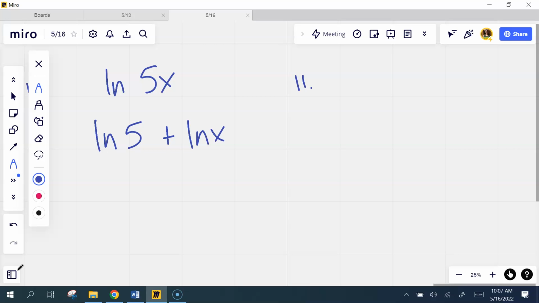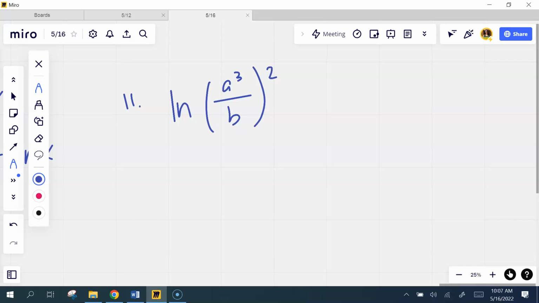It's just natural log. All right, so now I have this fraction with this exponent on the outside, and I can do this a couple of ways as I expand, but I want to make sure as I expand there are no exponents still there. So what do I do first? Or what's one thing you could do first? I could distribute that. I would probably do the same. I would say this is the log of a to the 6th over b to the 2nd.